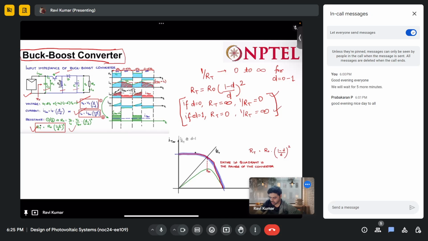So it means the buck boost converter is the converter which should be used in a solar system so that we can trace the entire IV characteristics for locating the maximum power point. Yes, we can trace the entire IV characteristics using this buck boost converter.